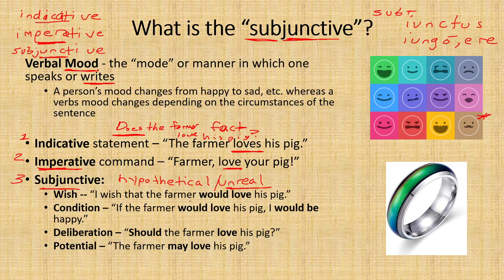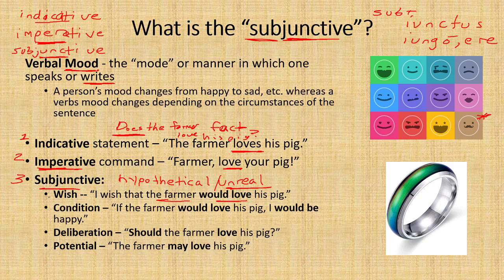So instead of, the farmer is not actually currently loving his pig. It doesn't necessarily say whether he is or not. This is just the author or someone suggesting that the farmer should love his pig, and it's something that they want a whole lot. It's not necessarily a thing that is happening or ever will definitely happen. It just simply is a wish, something that they want to happen.